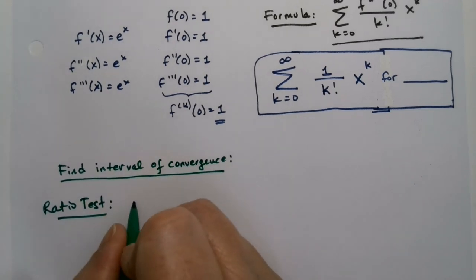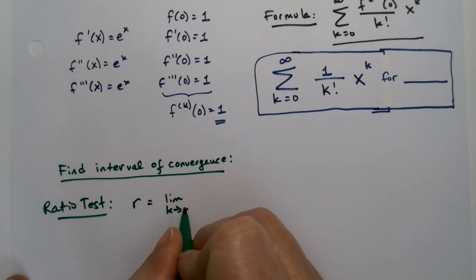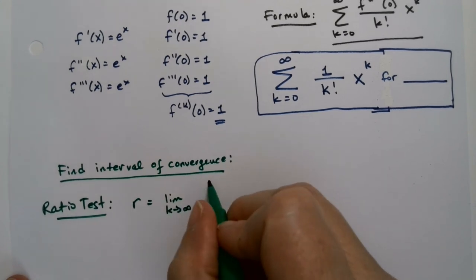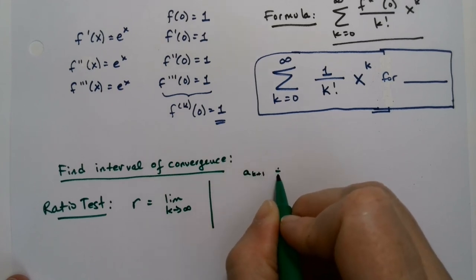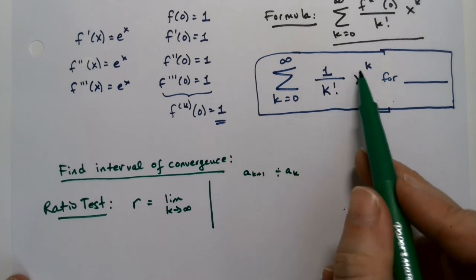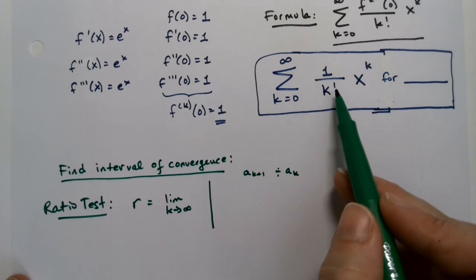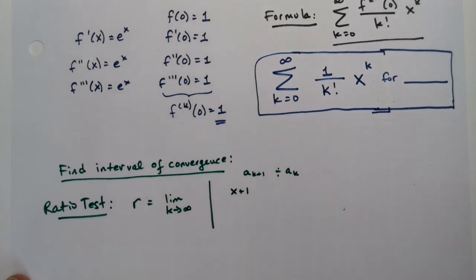Okay, so r is equal to the limit as k goes to infinity, and remember how it goes, a sub k plus 1 divided by a sub k. So our a sub k plus 1 is x to the k plus 1 over k plus 1 factorial.